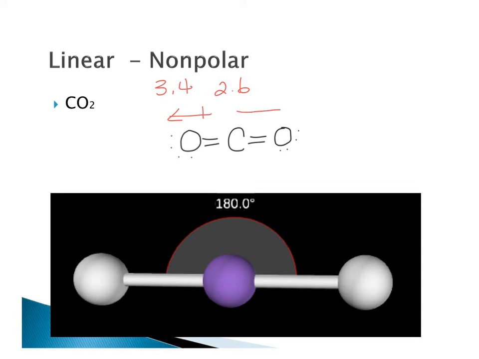And that way, the repulsion is minimized, therefore creating a linear geometric shape. So carbon dioxide is a fairly symmetrical molecule, thereby making it nonpolar.